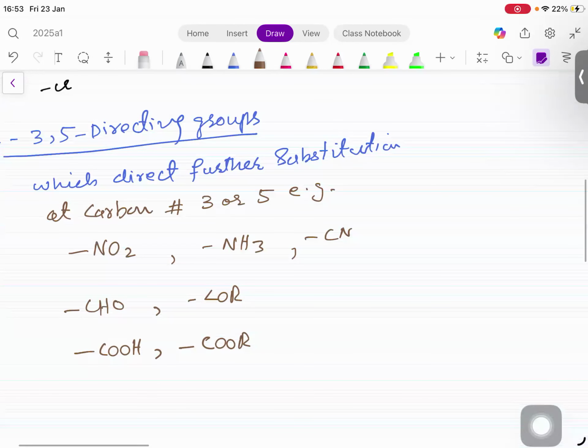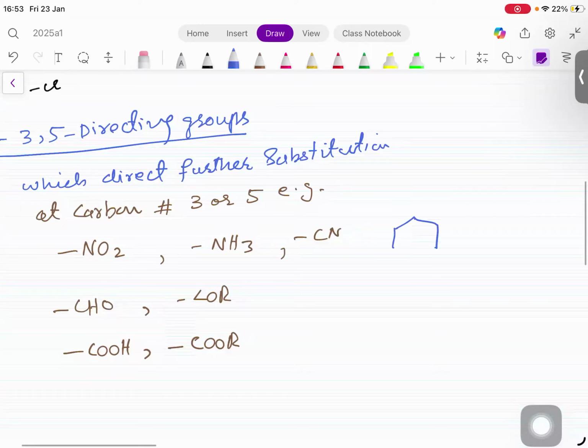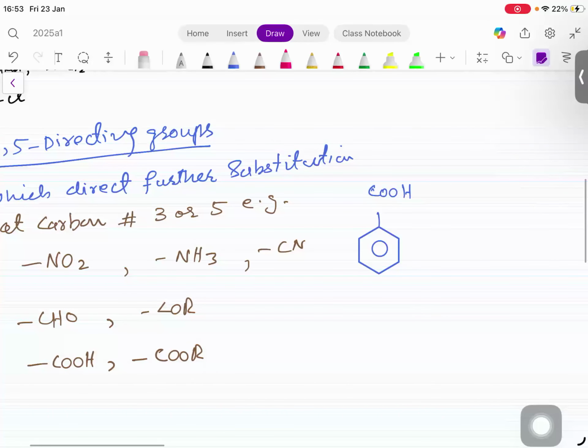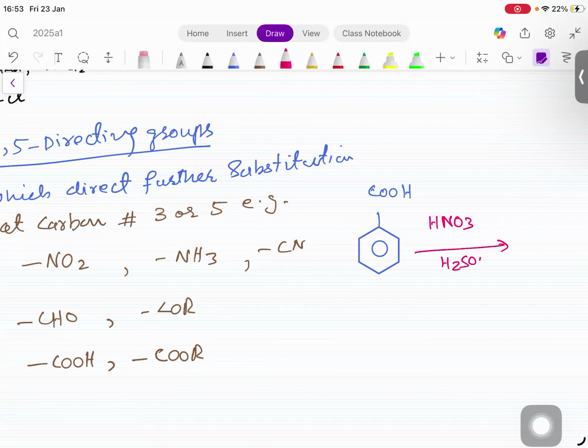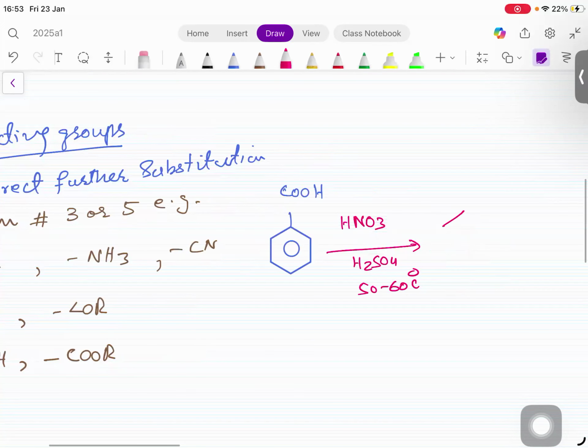For example, in this case, here is the COOH. And if I do the nitration with nitric acid, sulfuric acid, 50 to 60, then what happens? Look, if this is COOH, it goes at carbon number 3 here.